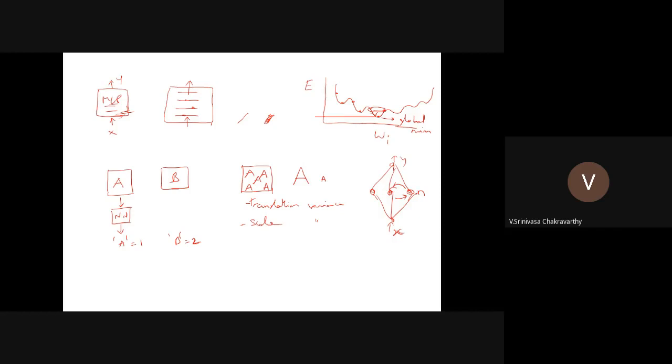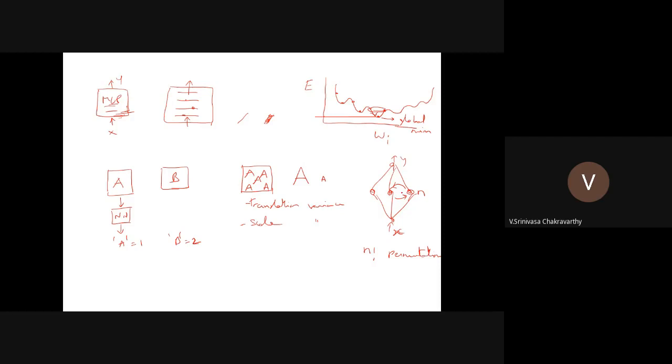Then what you will notice is, if you have n neurons or n beads here, you can have n factorial total permutations. Every permutation represents one network because it represents one set of weights.